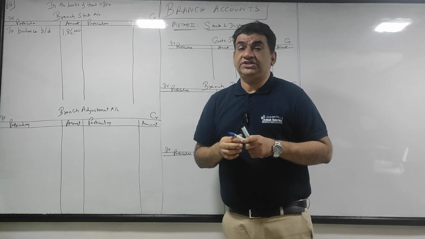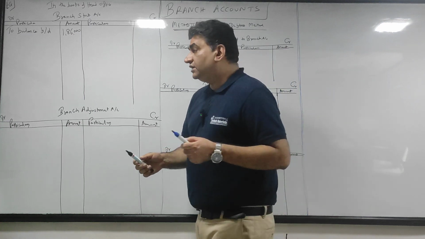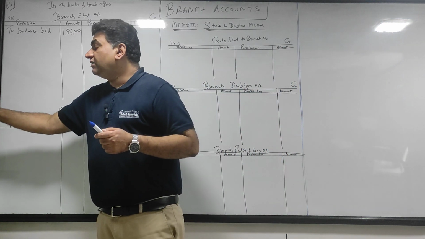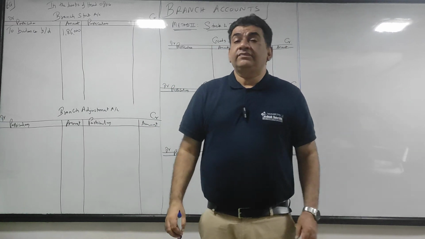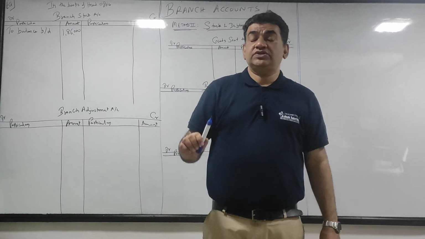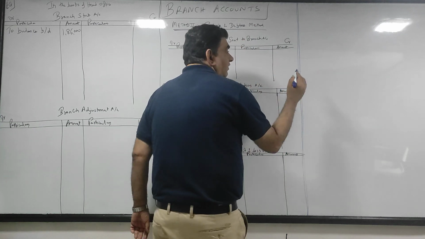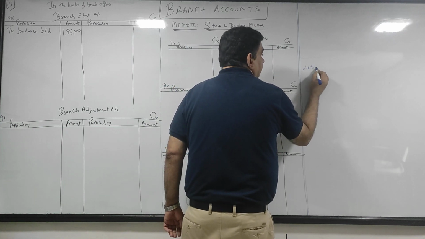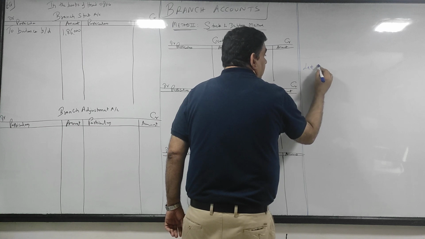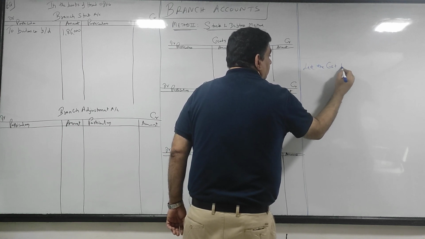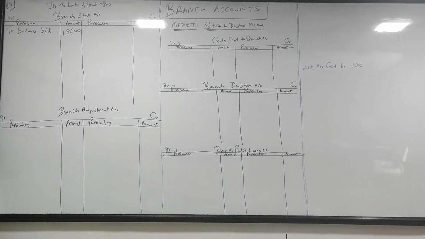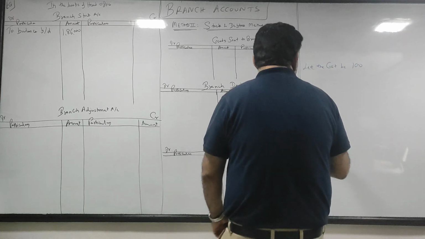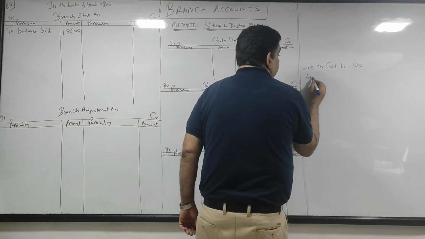See the information in the question. You have all done it in the first method. The percentage of profit may be given either in terms of cost or sales. What does it say? Goods are invoiced at cost plus 50%. I'll just do a small working here, what I did earlier. Let the cost be 100. We'll assume the cost as 100. Now, what is the profit percentage? 50%.